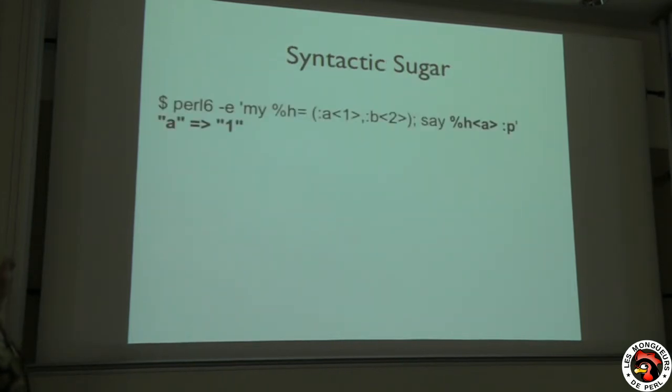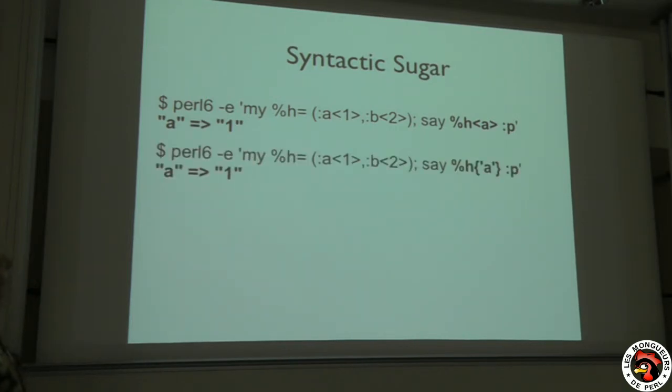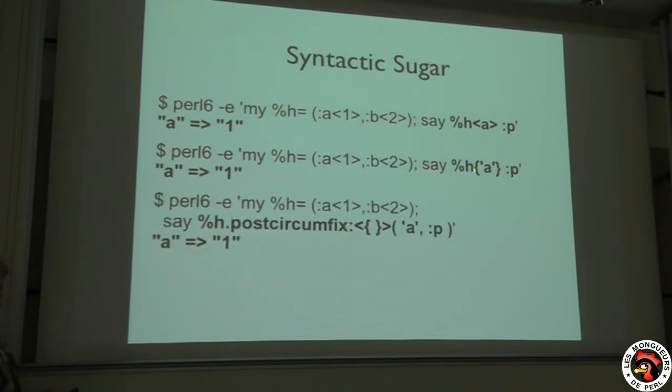So all this syntactic sugar we have here for creating pairs is basically just doing this. Right? This is syntactic sugar for this, with this parameter. And this here is actually syntactic sugar for calling the postcircumfix colon smaller than curly brace space curly brace.